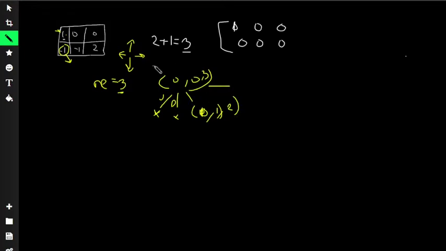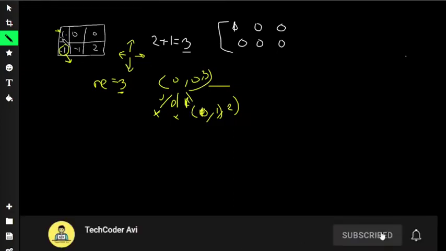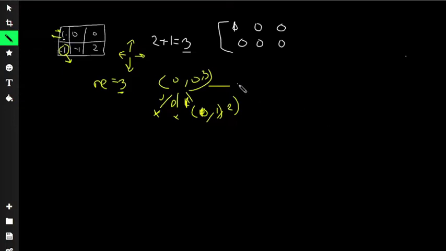Now the next path is the left one. If it tries to go left in this direction, it will go out of the box, so this is also invalid. Since it is at 0 comma 1, the count is updated to 1. Now if it tries to go up, it is again out of the box, so it's invalid.